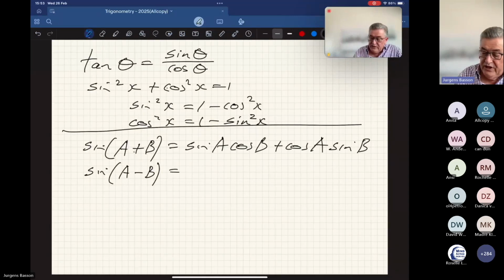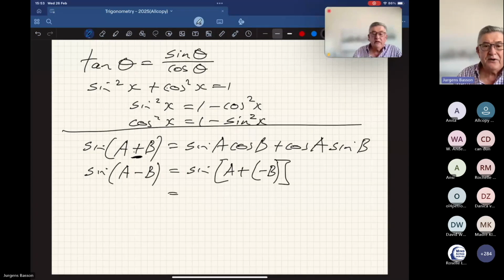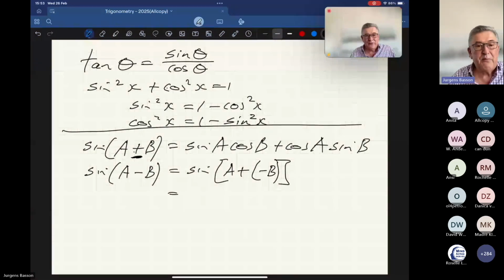You ask them to find the rule for sine A minus B. To do that, we need to change this A minus B to addition because I want to use this one. So I'm going to say it is A plus a minus B. As you can see, this is now a compound angle for sine with a plus.